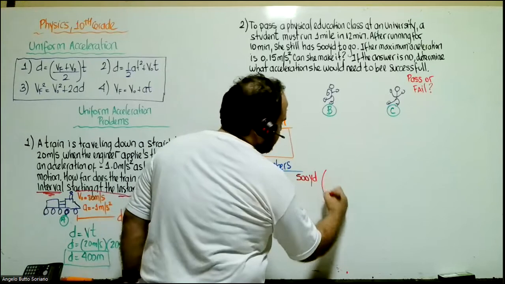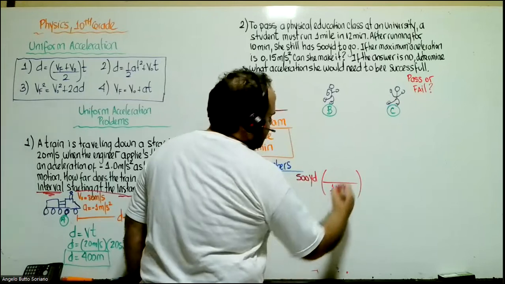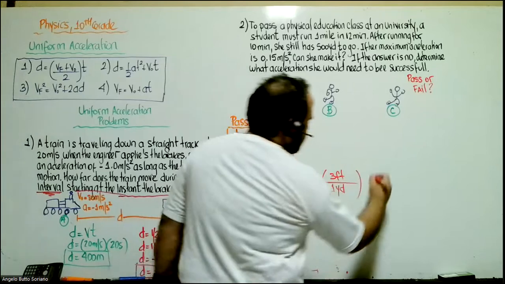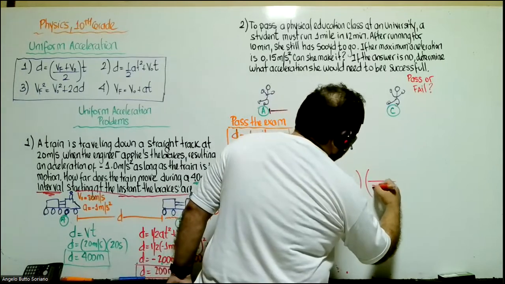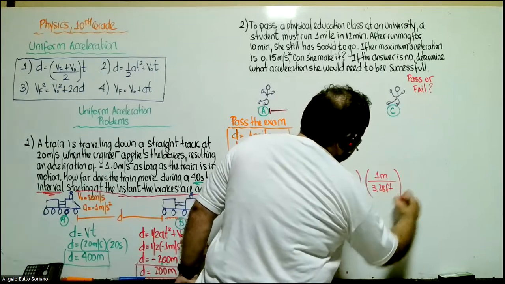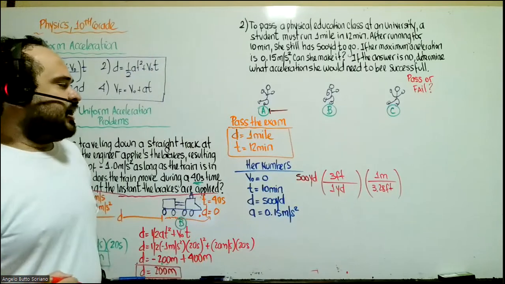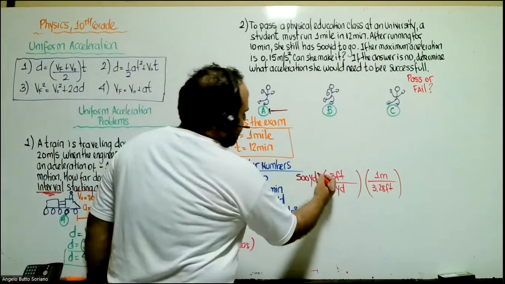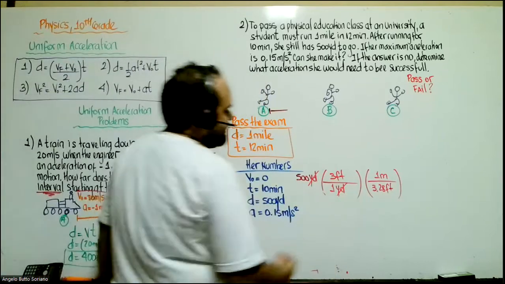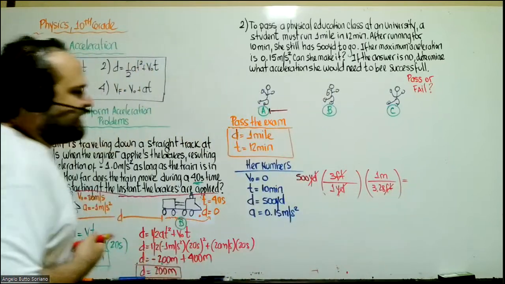Remember, 1 yard has 3 feet, and 3.28 feet is 1 meter. We can cancel yards with yards, feet with feet, and see how many meters we have.